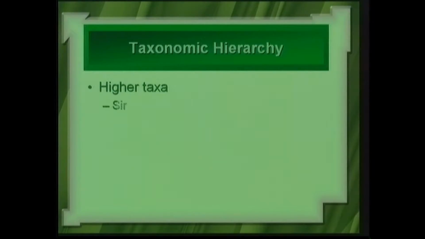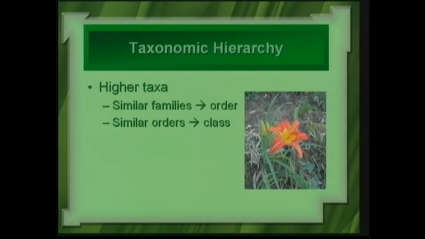All right. Alrighty, so another thing is that you have similar families in a particular order. That's another level of higher taxa. Similar orders are in a class. So we have here lily, which is in the class Monocotyledonnae. Remember that these are monocots. They tend to have flower parts in threes, right?